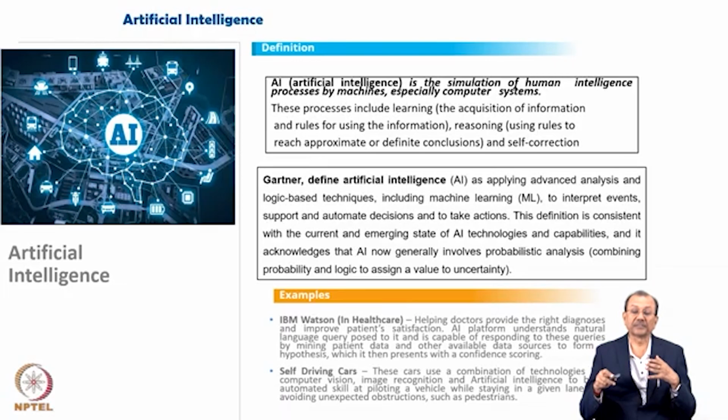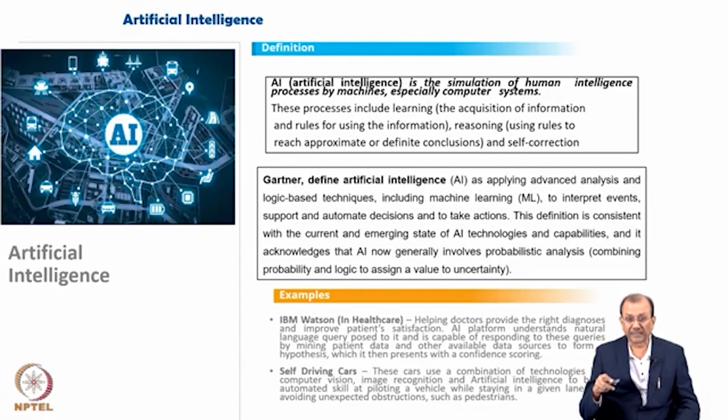And sometimes it is even exceeding human intelligence, because artificial intelligence is a computerized system based on computer algorithms, etc. It is able to process information very, very fast, which sometimes becomes a limitation for human beings.